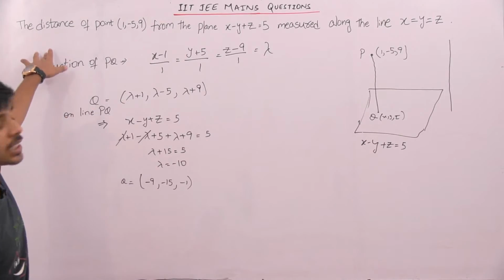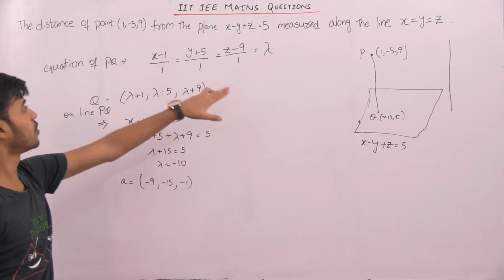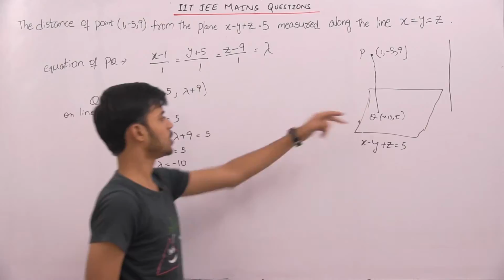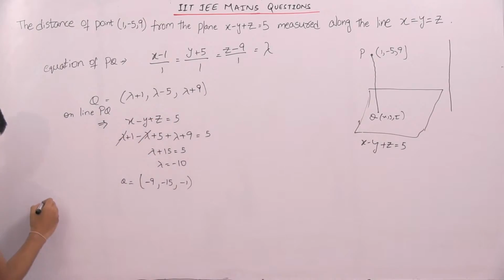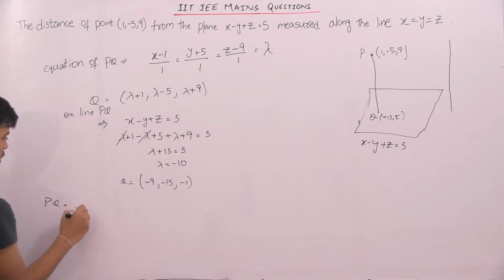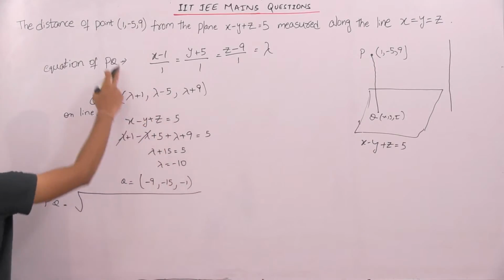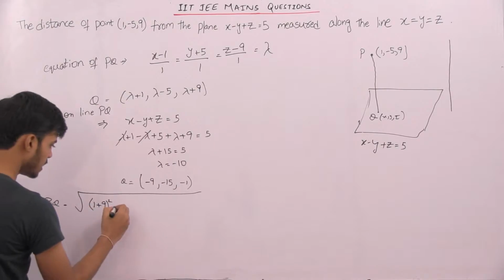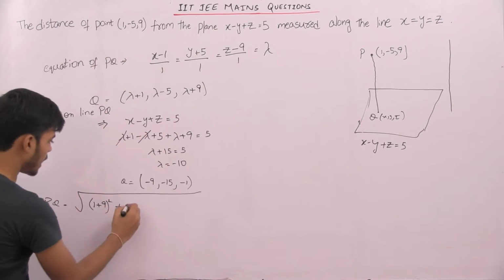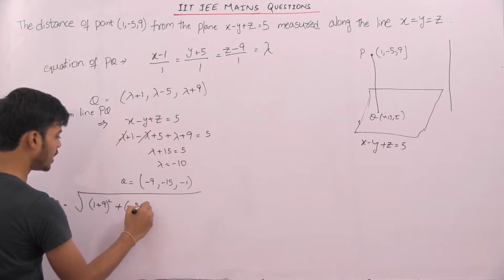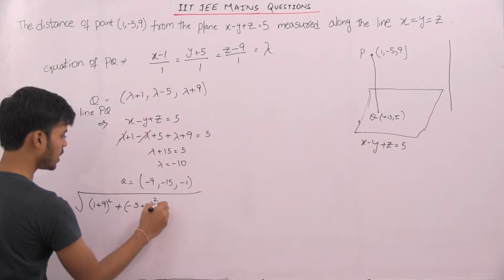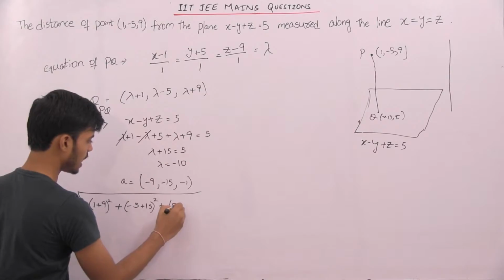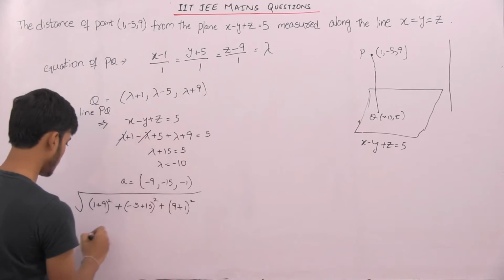Now what are we asked? The distance of this point to where it intersects this plane, that is point Q. So we just need the length PQ, which is the square root of (1 minus (minus 9)) whole square, that is (1 plus 9) whole square, minus into minus comes plus, then (minus 5 plus 15), minus into minus in the same way, then the last one (9 plus 1) whole square.